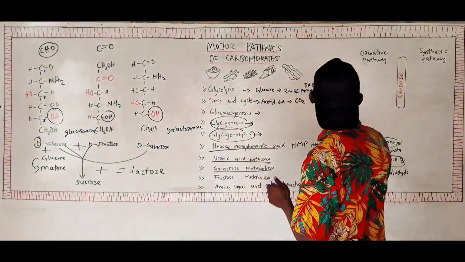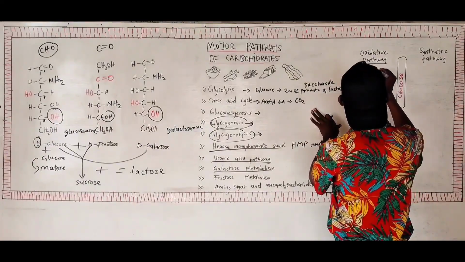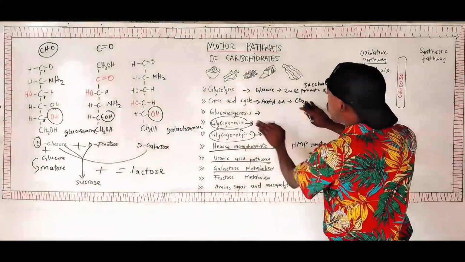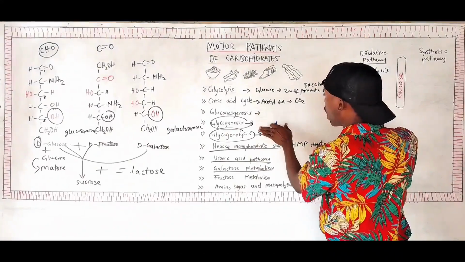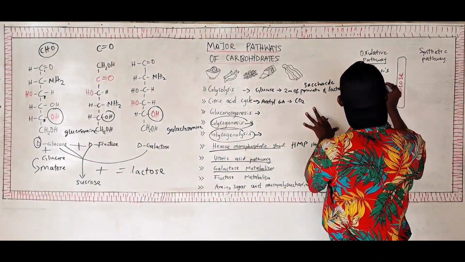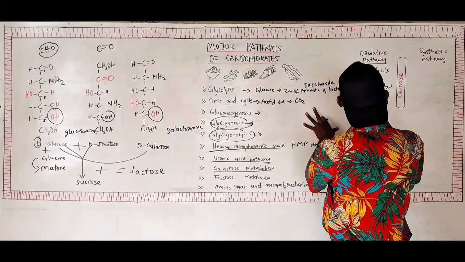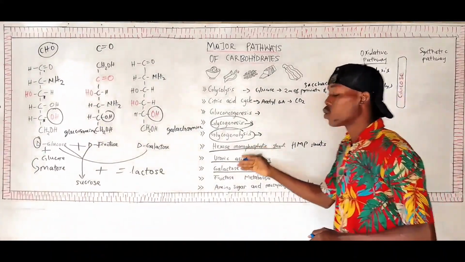For these pathways, we have glycolysis, the citric acid cycle, glycogenolysis, and the HMP shunt, the pentose phosphate pathway, which is also the pentose monophosphate shunt.